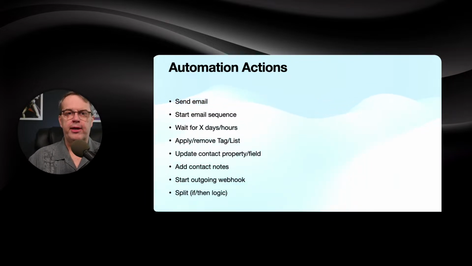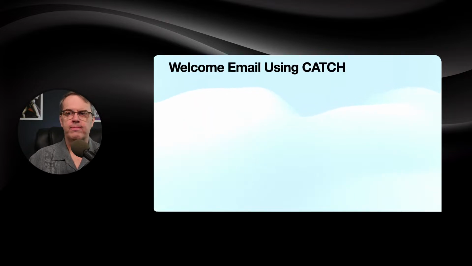And then you can do a split, which is if-then logic. So when they get to a certain point, you say, if this, follow this path of actions. If not, follow the other path of actions. It could be looking to see, do they have a tag? Are they part of a list? Is it their birthday? All these other little actions could be something to look for.